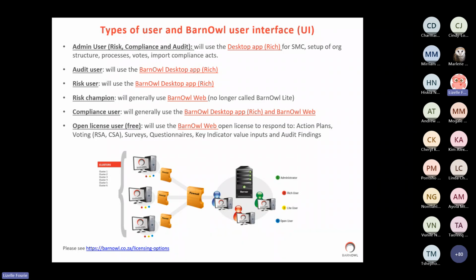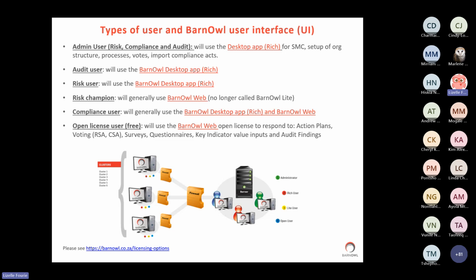So the easiest way for me to always remember what that means is they need to have an email address. So if it is a BarnOwl internal database that's being used, the users that can get free access there would be someone with @barnowl.co.za at the end of their email addresses.